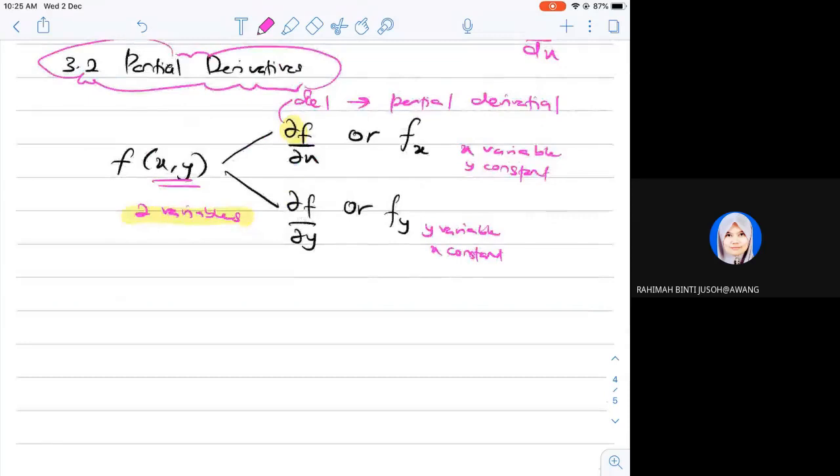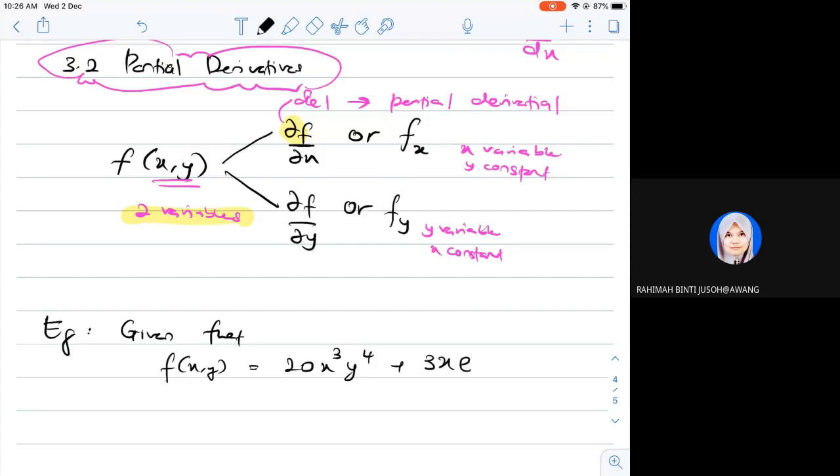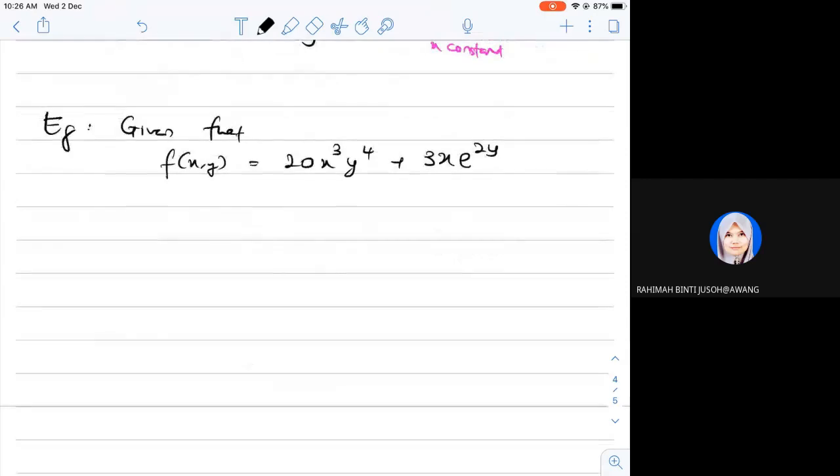Now let me give you one simple example. Let's say given f(x,y) equals 20x cubed y to the power of 4 plus 3x exponent of 2y. Let's say this is the function.